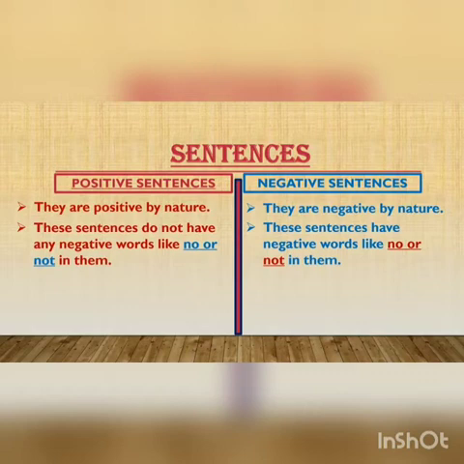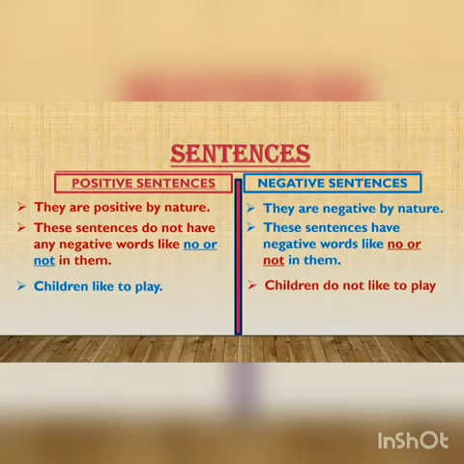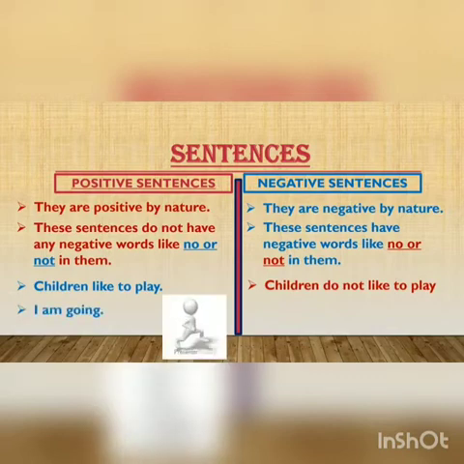Now let's take an example. Children like to play. Let us change it into negative. Children do not like to play. Observe carefully here. The word not has been added to make it negative. Let's take another example. I am going. That's a positive sentence.